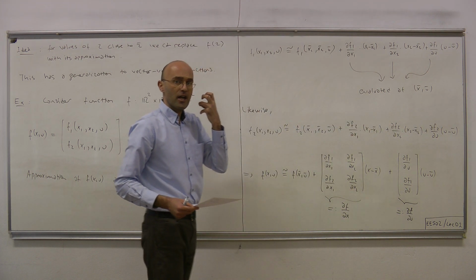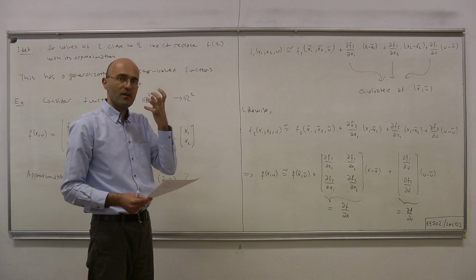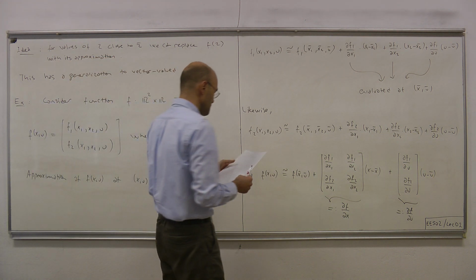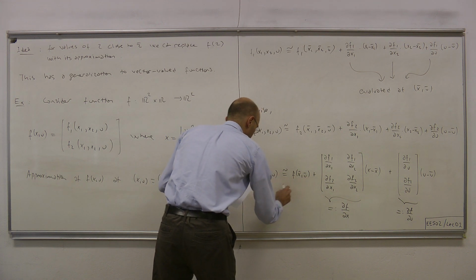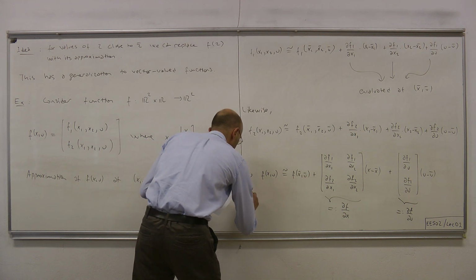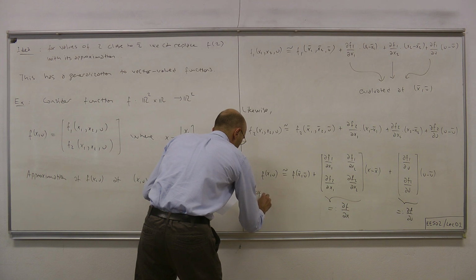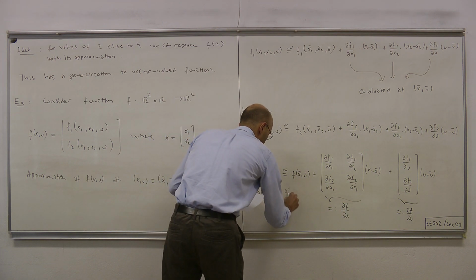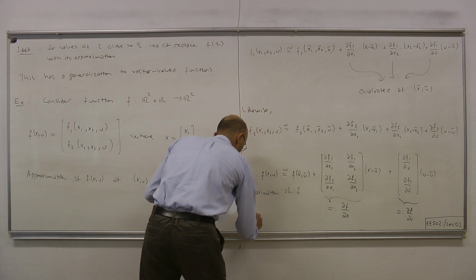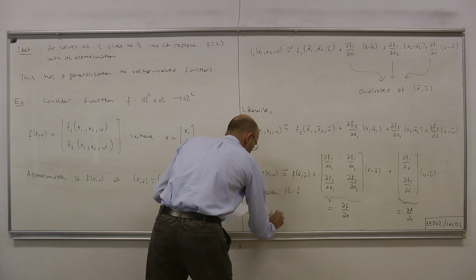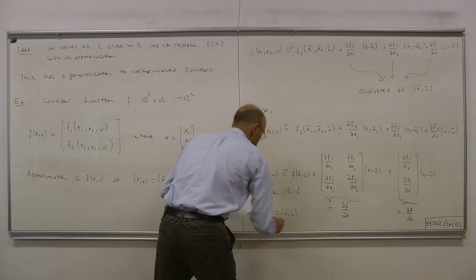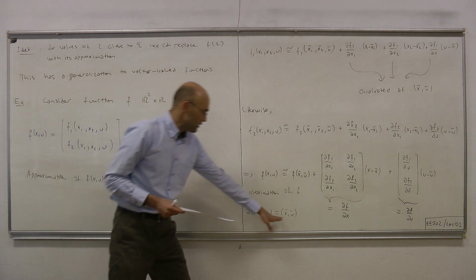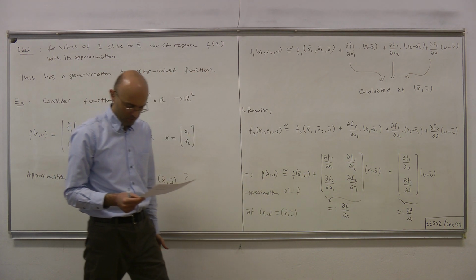So they are actually real matrices, they are no longer functions, okay, they are constant matrices. So this is, therefore, the approximation of f at xu equals x bar u bar, or the first order approximation of f at this point, x bar u bar.